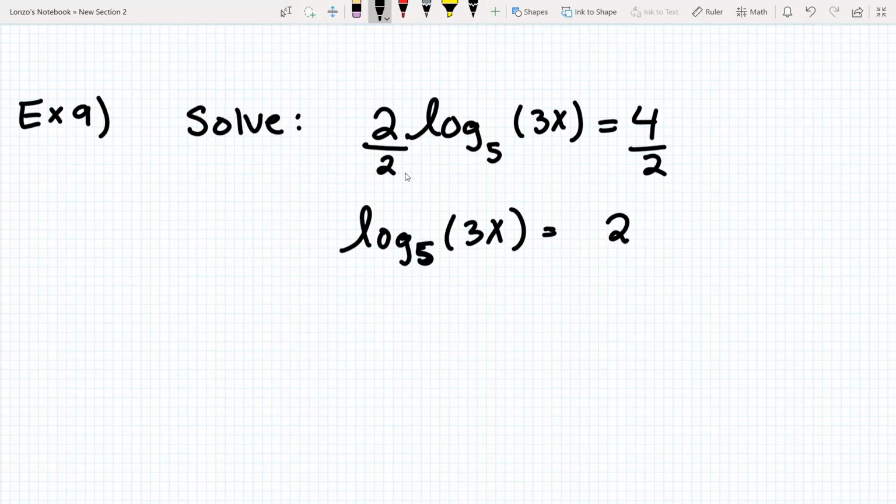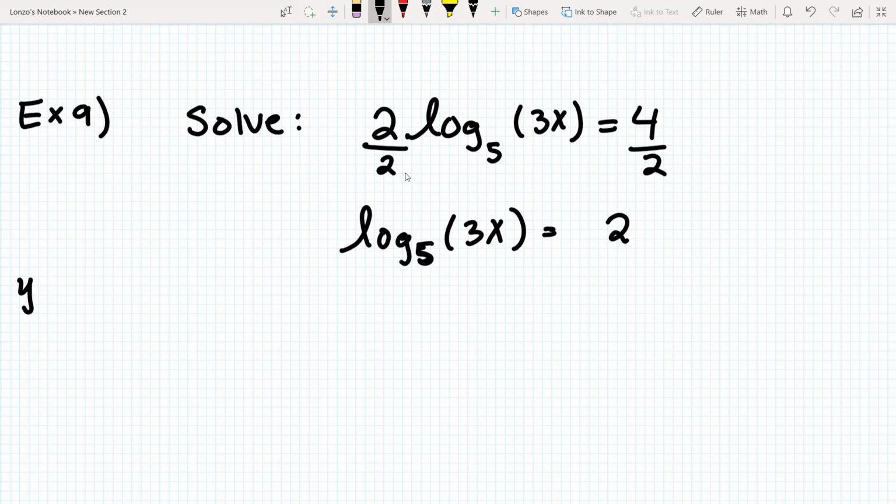Okay, so this is weird to look at. We have log base 5 of 3x equals 2, and you're probably thinking, well, how on earth do I solve for x? Usually you could take the e, right? But it only works for natural log. We don't have a natural log. We have log base 5. So what I'm going to do is write this log rule.